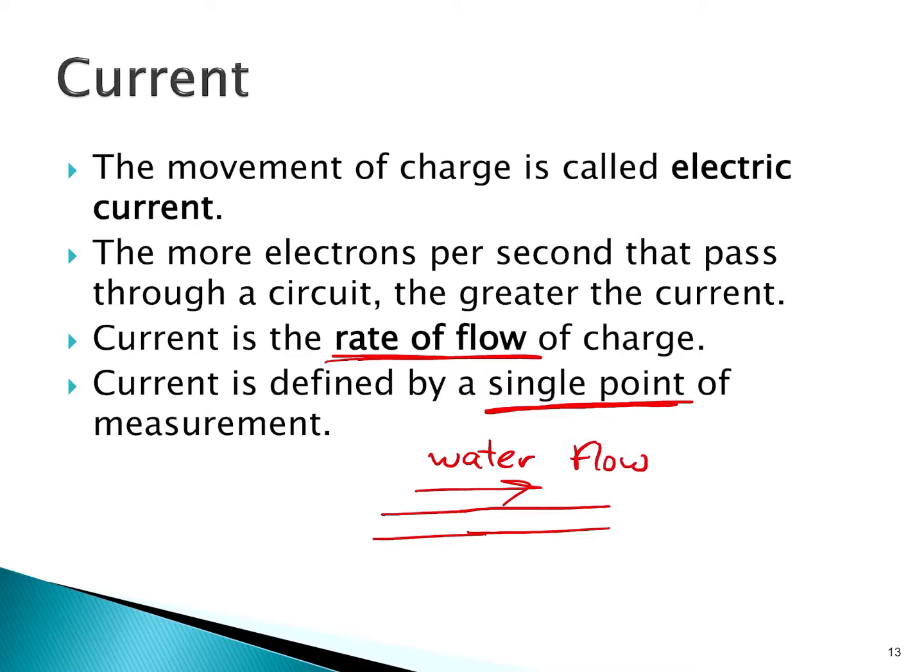The way we would determine the flow is to determine what's the volume of water passing by a single point A. So if I saw 2 gallons go by that single point in 1 minute, then I would have a flow rate of 2 gallons per minute. So it's defined as a rate. Remember, rate is always a quantity versus time. And here's what we have, 2 gallons per minute. That would be my flow rate.